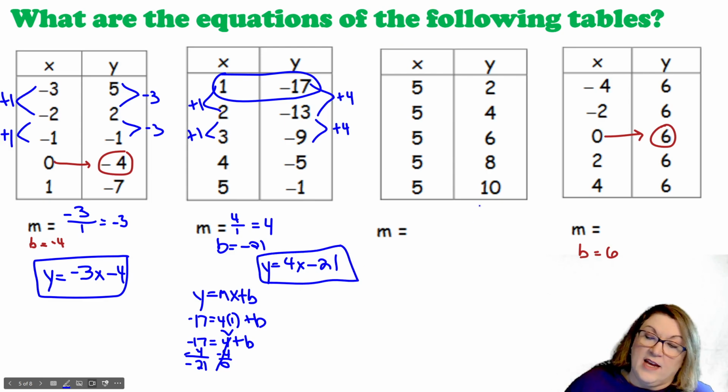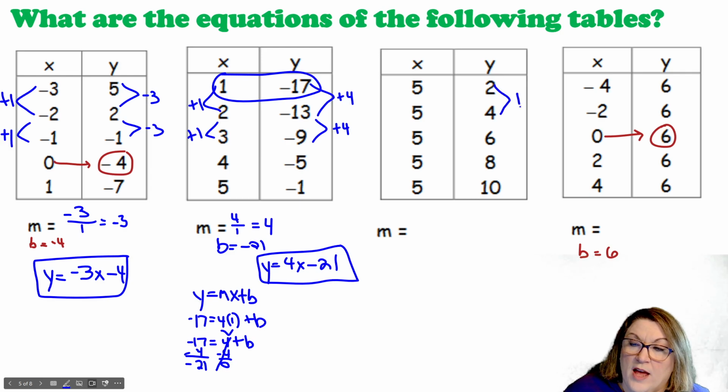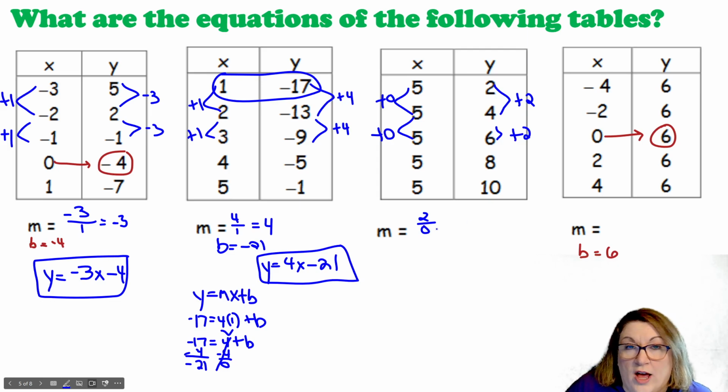One of the things that's interesting about this is when you go to find your slope, as you can see, it's counting up by 2 each time. So that would be a change in y of 2. And then on the x, it's not changing at all. We're adding nothing. It's all 5s all the way down, right? If that's the case, that means we have something that we call undefined.